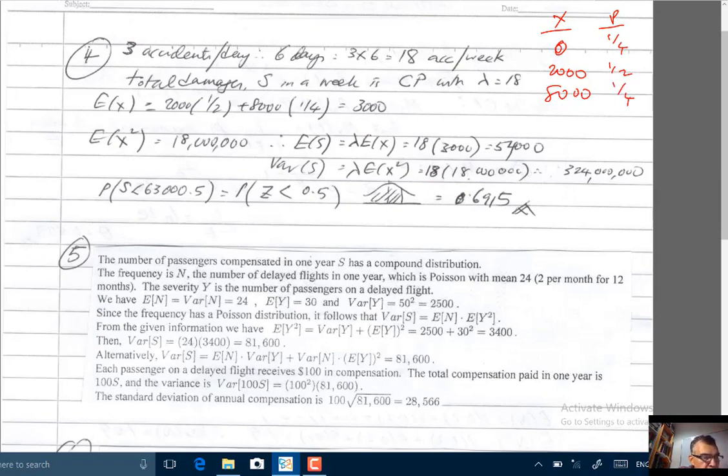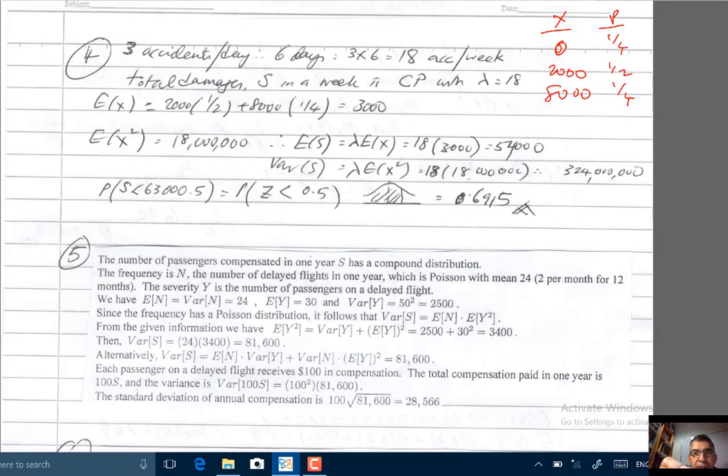Using the normal approximation, calculate the probability that Speedy's weekly aggregate damages, so we're dealing with S, yeah, will not exceed 63,000 bucks. So a few things. I have written a solution here. Note we have got delivery 6 days a week, and accidents occur at a rate of 3 per day.